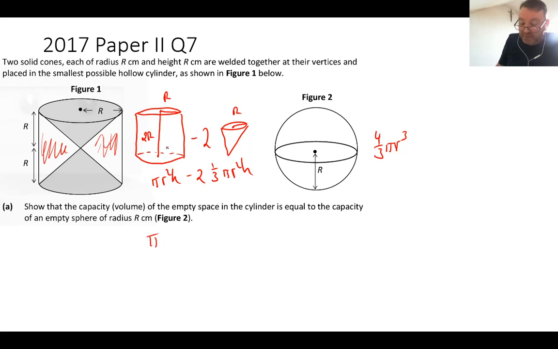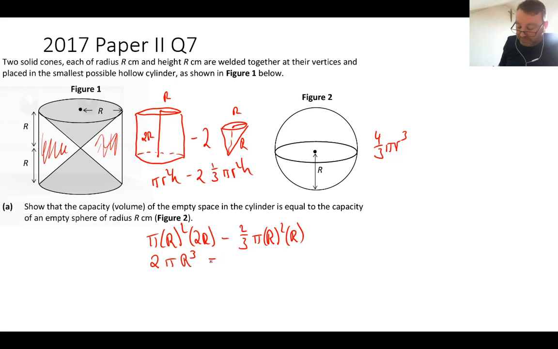It's pi by the radius squared, which is large R squared, by the height, which is 2 times large R, minus 2/3 pi by R squared again, by the height, which in this one here, we can see, is also R. See that from the diagram? Okay. What does that give me? That gives me 2 pi r cubed minus 2 over 3 pi r cubed.